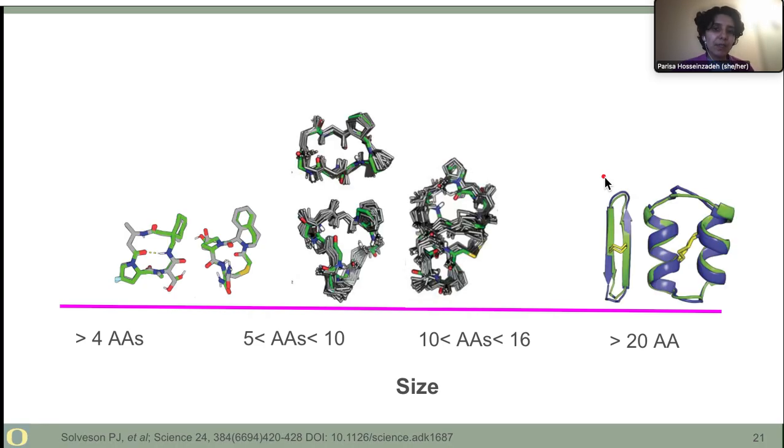And then Sölveson tried to design foldamers because GenKIC actually can't work on foldamers. And they showed that it can design alpha, beta, and gamma amino acids.